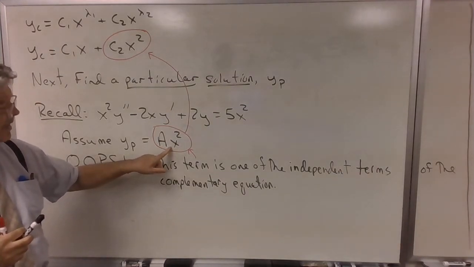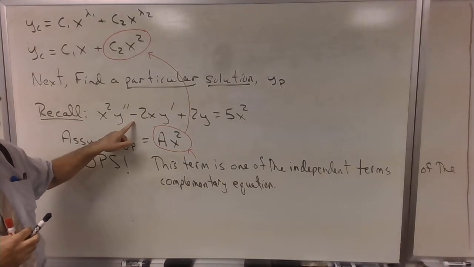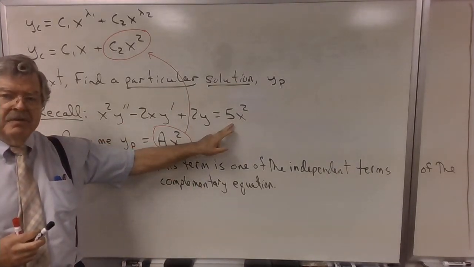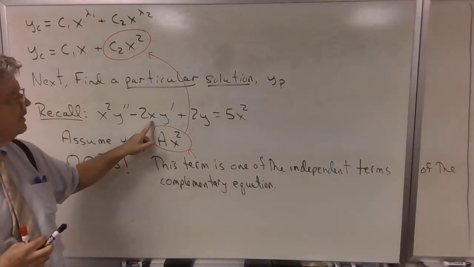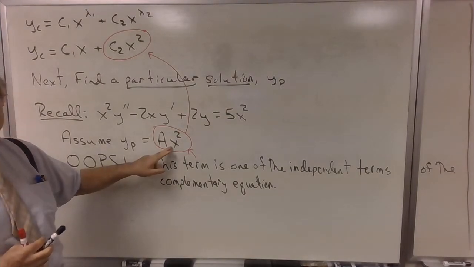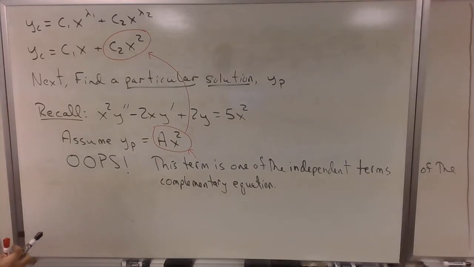So if we plug this into our equation, we're not going to get 5x squared. We're going to get 0, because this is one of the solutions of the complementary equation.